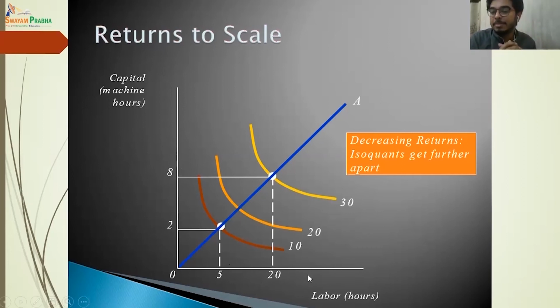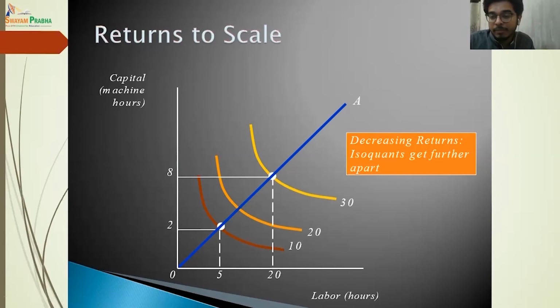By how many times have my labor and capital increased? 4 times. Now if we combine 8 and 20 together, instead of the isoquant jumping from 10 to 40, since labor increases by 4 times and capital increases by 4 times, the output should also increase by 4 times, so 10 to 40.